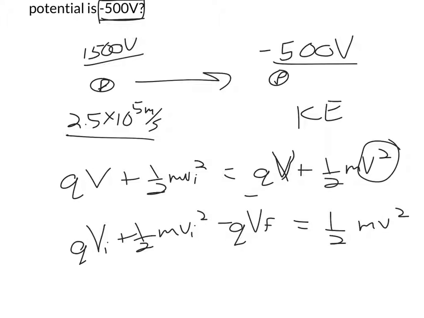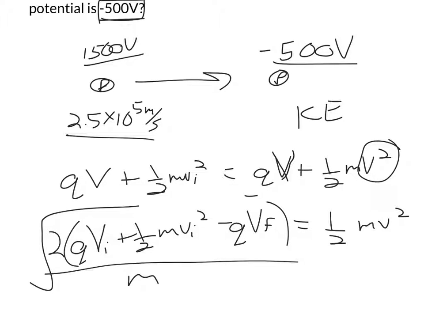So if I multiply by 2 and divide by m and then square root it, I will get v.